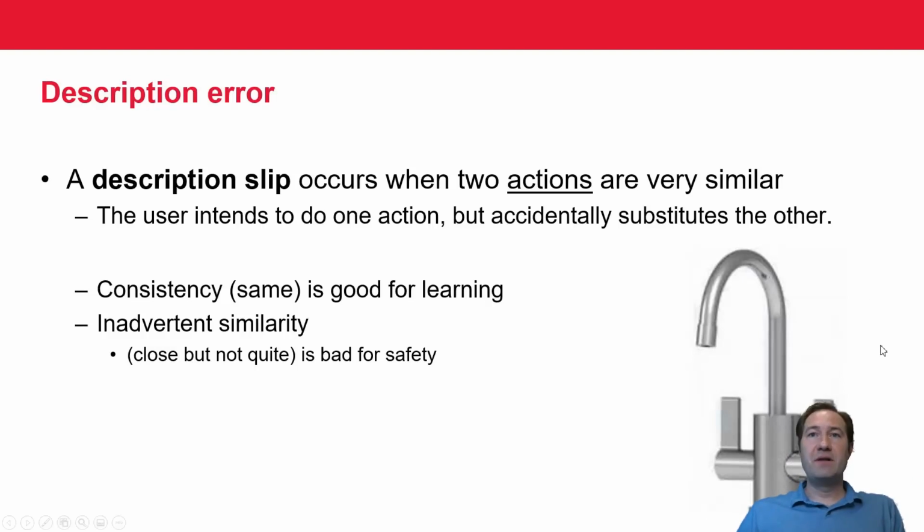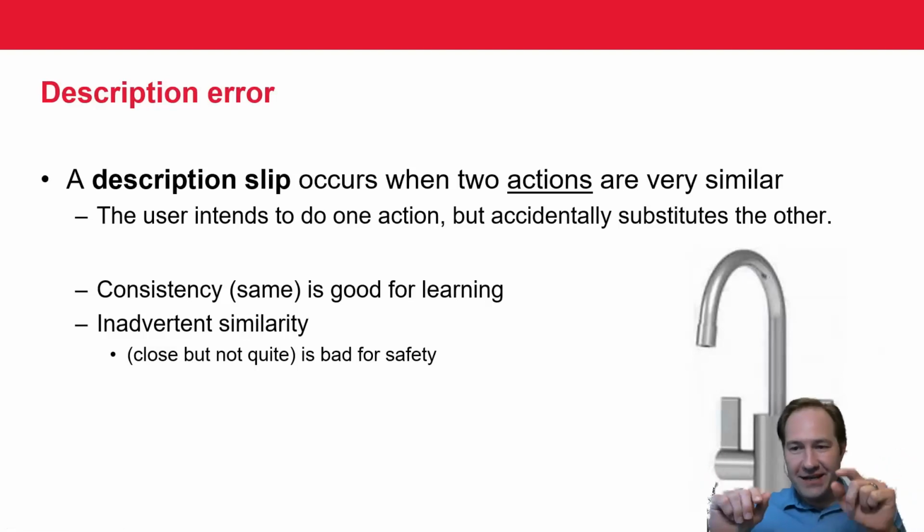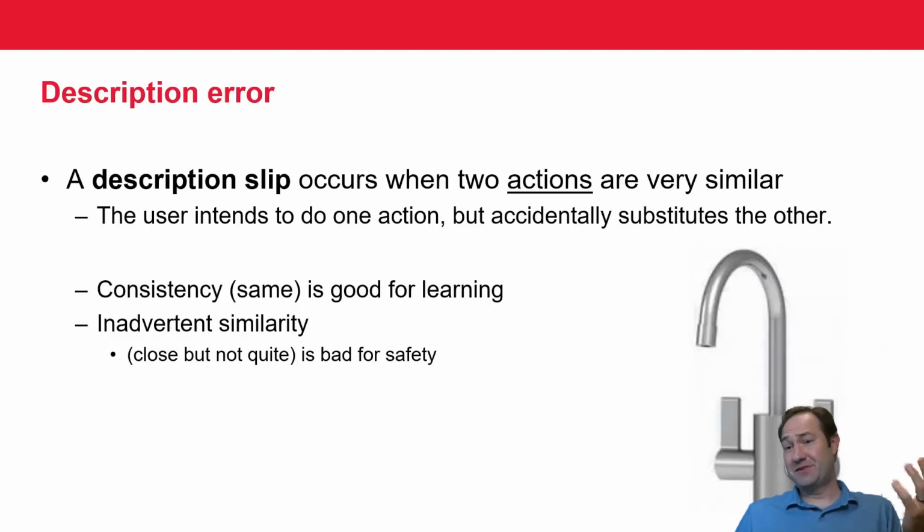I use the example of a faucet here because this happens to me all the time. The designers of a faucet are going to have a really similar looking handle for hot water and cold water, right? Now, stylistically, it's not cool to label them with a little H and a little C to make it clear which one does which, right? People don't like to have that in their homes. They want their faucets to look cool for some reason. I don't know.